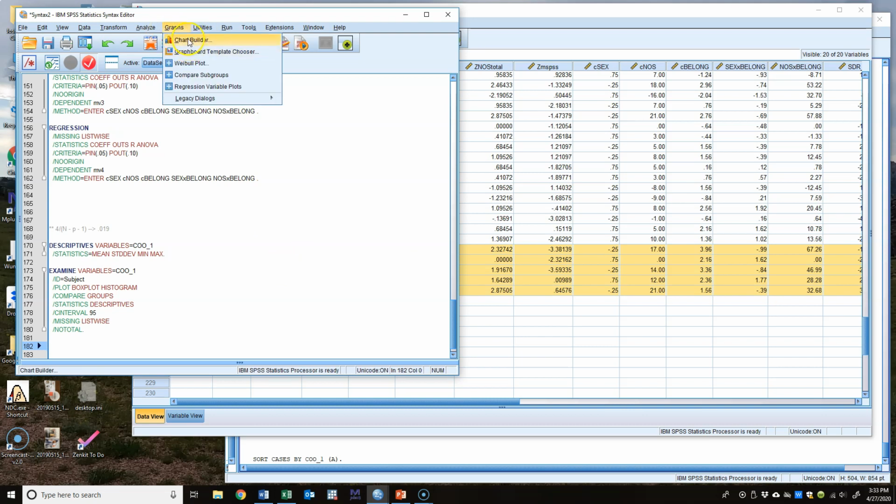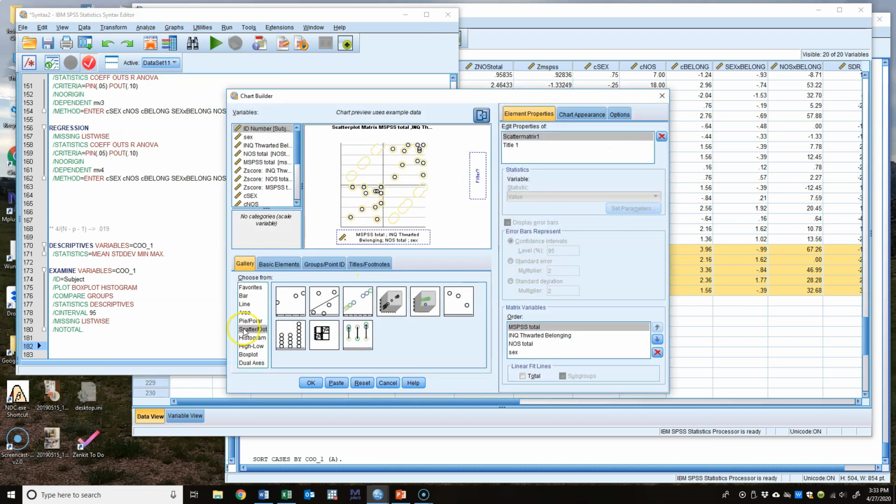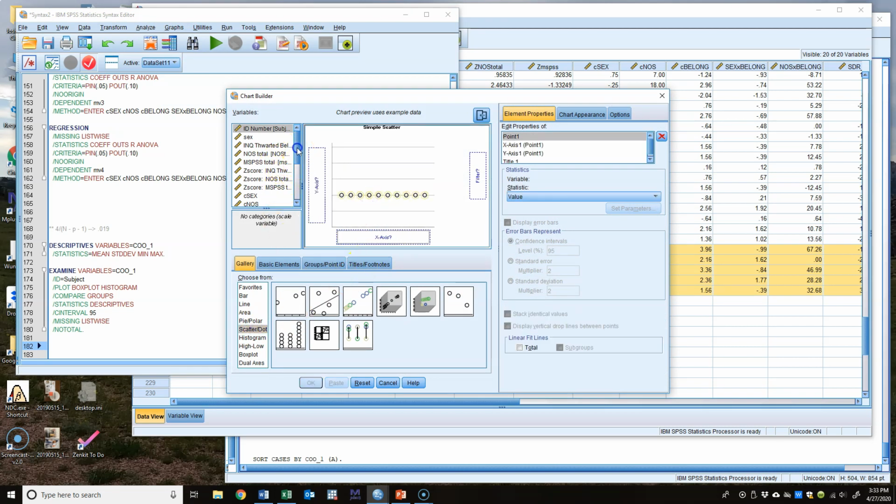So if I go to Graph and go to Scatter, I just put in a regular scatter plot. I'm going to request a plot of my centered leverages on the x-axis and my studentized deleted residuals on the y-axis. This is just to remember that influence is a combination of leverage and discrepancy.